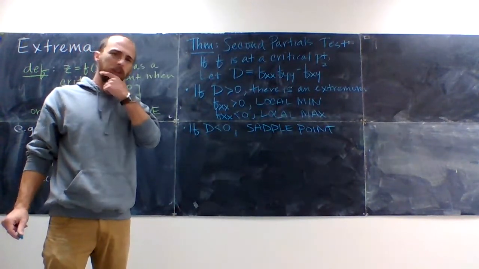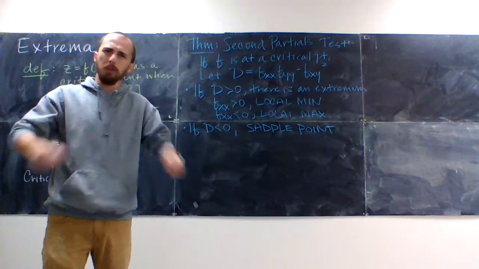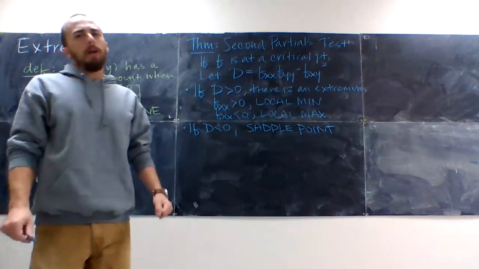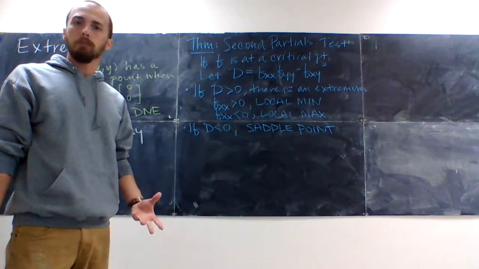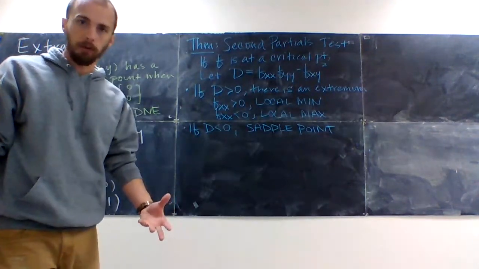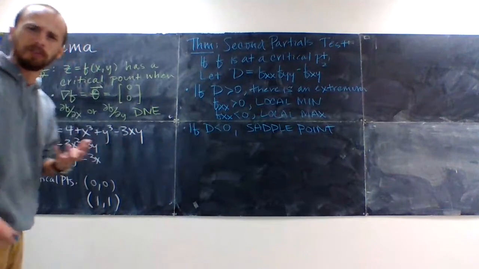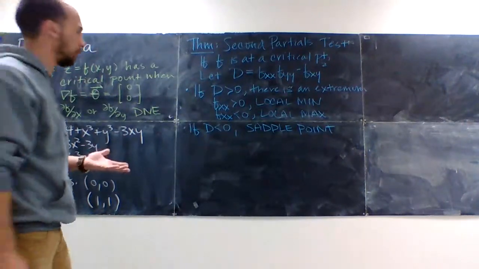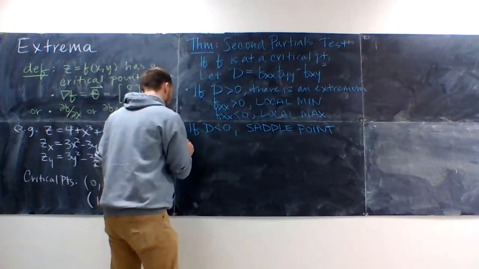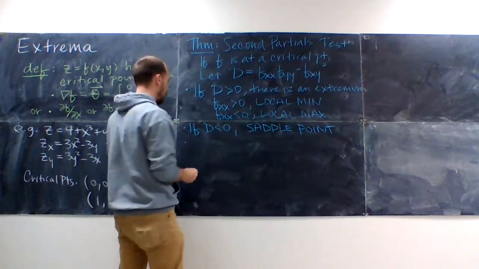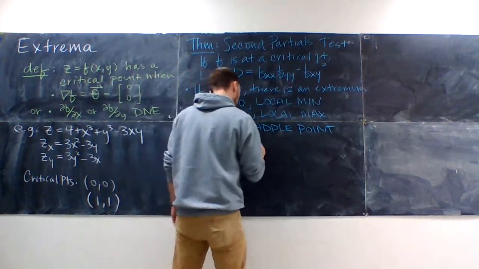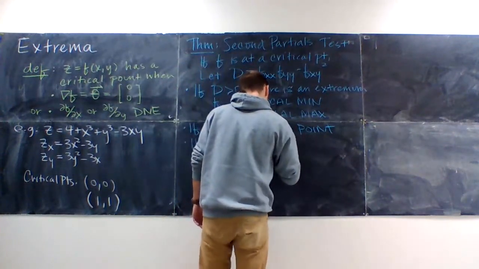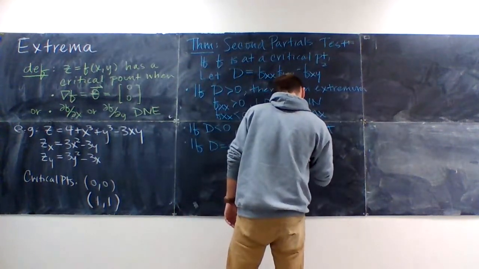It's kind of like a parabola, except it's wider at the bottom. It definitely has a 0 second derivative at the origin, yet it also has a relative minimum. So a 0 second derivative doesn't necessarily mean that we can't have an extremum, but it is inconclusive in terms of the second derivative test. So if D is equal to 0, inconclusive.